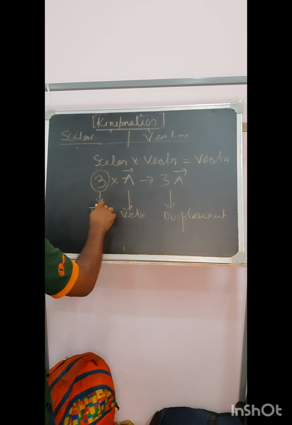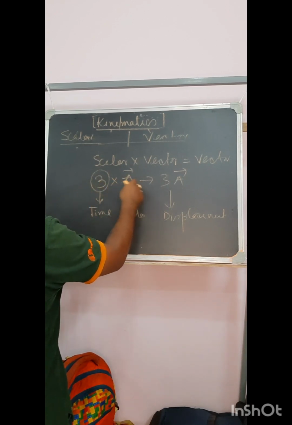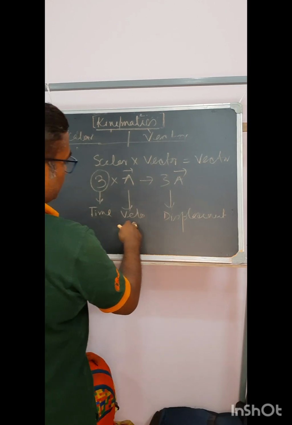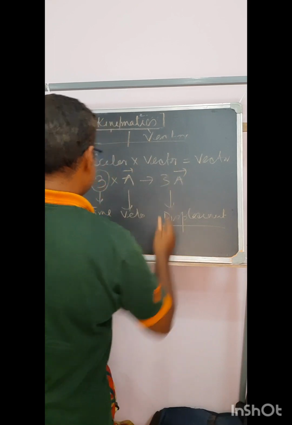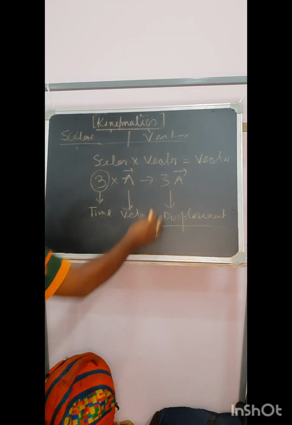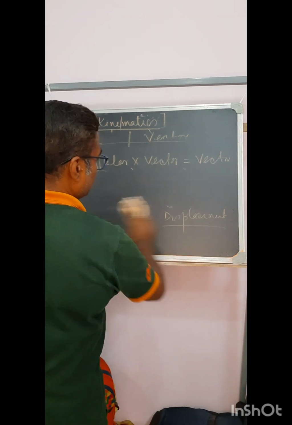So any scalar, like time, multiplied with a velocity v will give you a vector, that is displacement. This is an example where scalar into vector gives a vector.